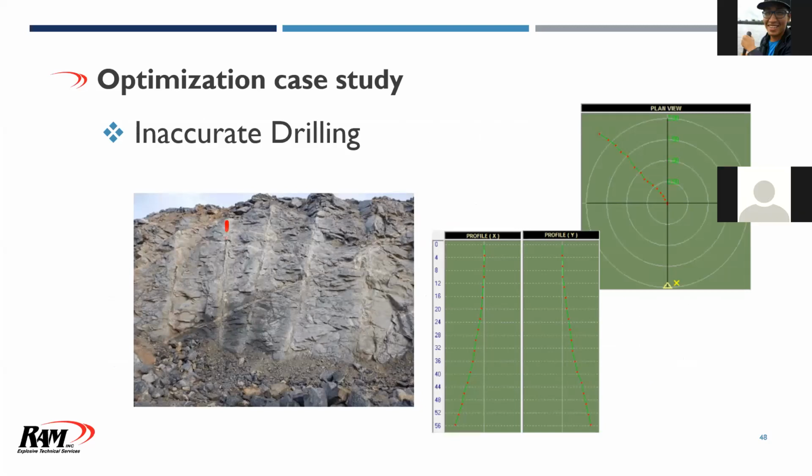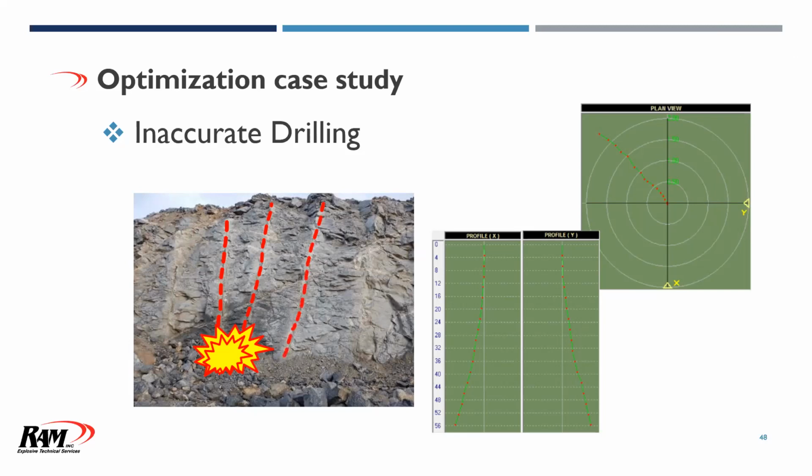And as we track these holes down, you can see here you have two holes converging, and you can well imagine the problem that you would have here, because you're going to have a very high concentration of explosives in that area. But then when we look at these other holes here and over here, notice we've got a considerable distance between those.